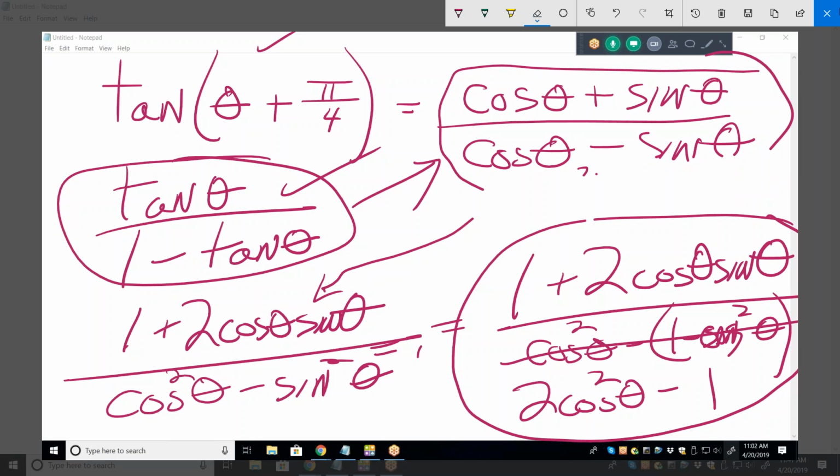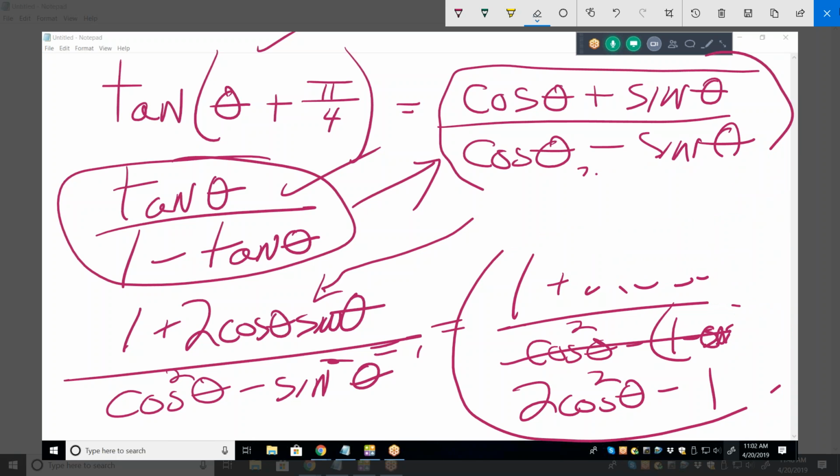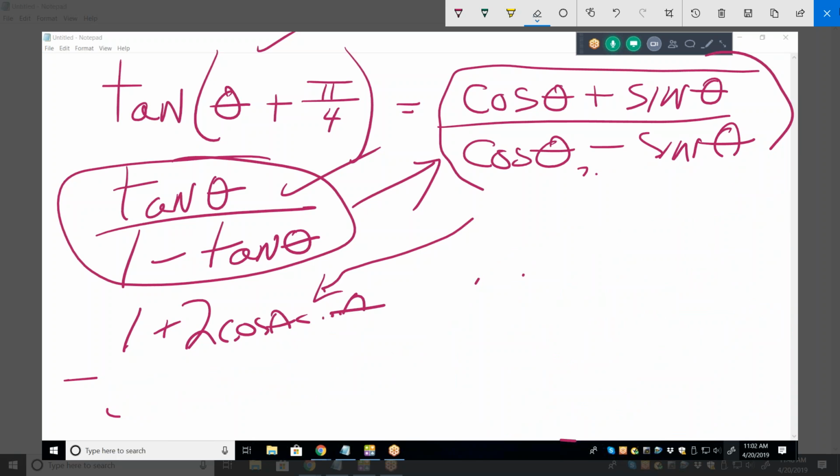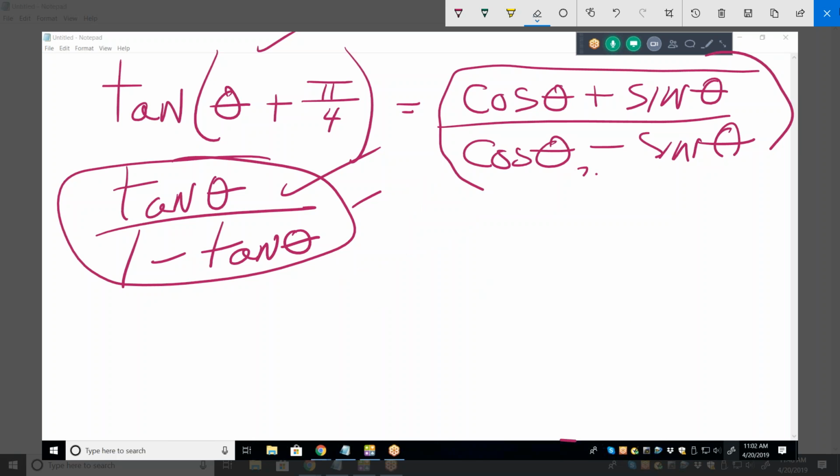But I just want to tell you what I would do at this point. Since I can't prove it easily, and that happens a lot, the first time you try, you're taking the wrong path. Well, convert everything to sines and cosines and see what happens. What's tangent of theta in terms of sines and cosines? Tangent of theta, isn't it sine over cosine?